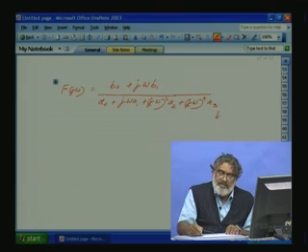So, B0 is equal to A0, B1 is equal to A1.